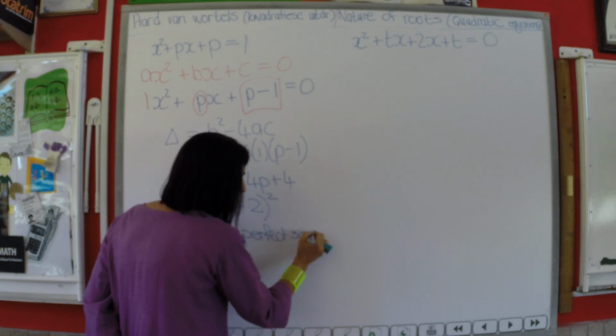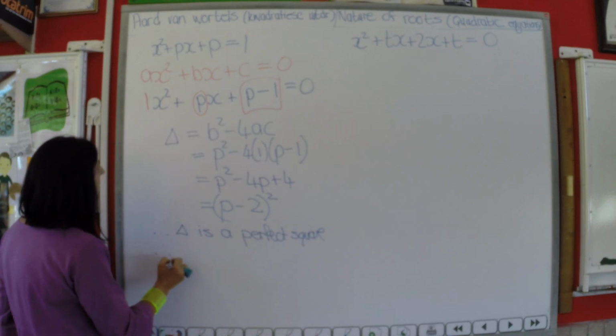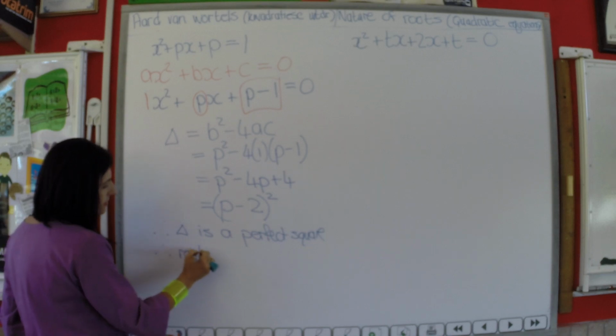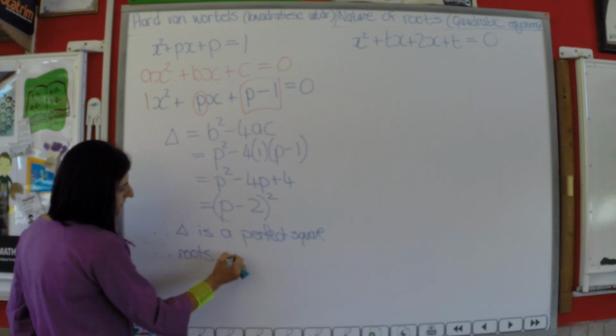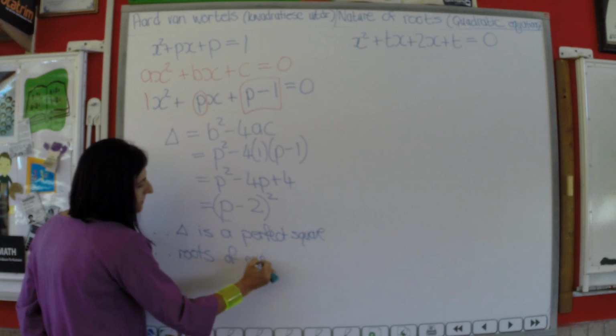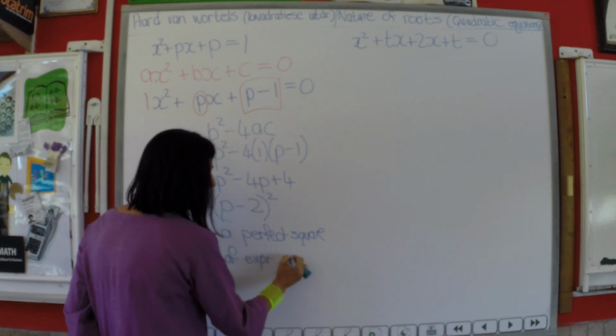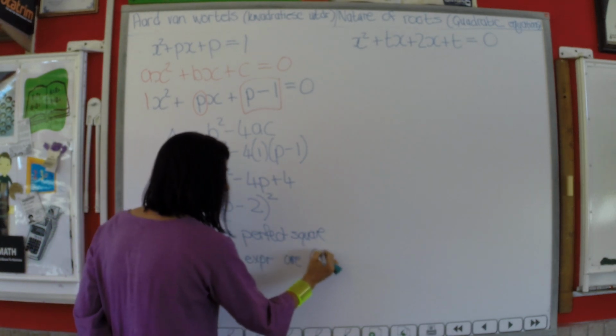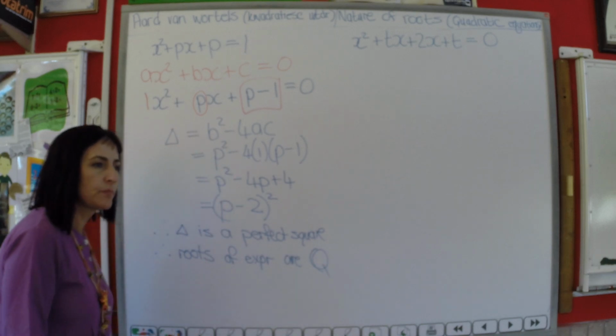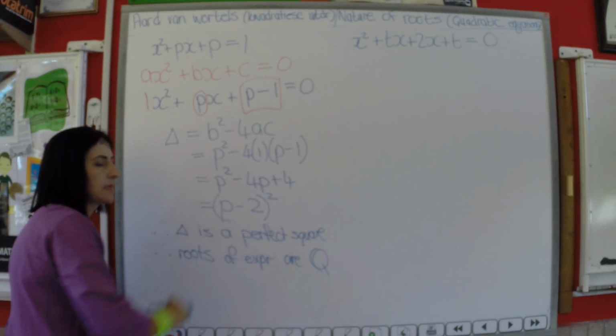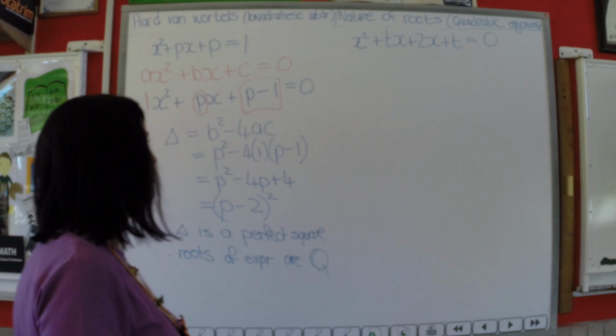therefore delta is a perfect square, and now I've proven it. Therefore, the roots of this expression are rational. I've proven it, because delta is a square. Wonderlik.